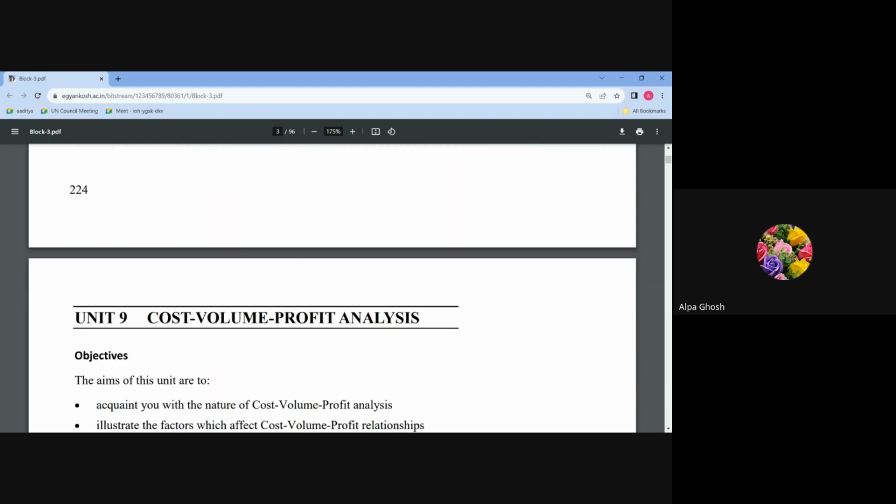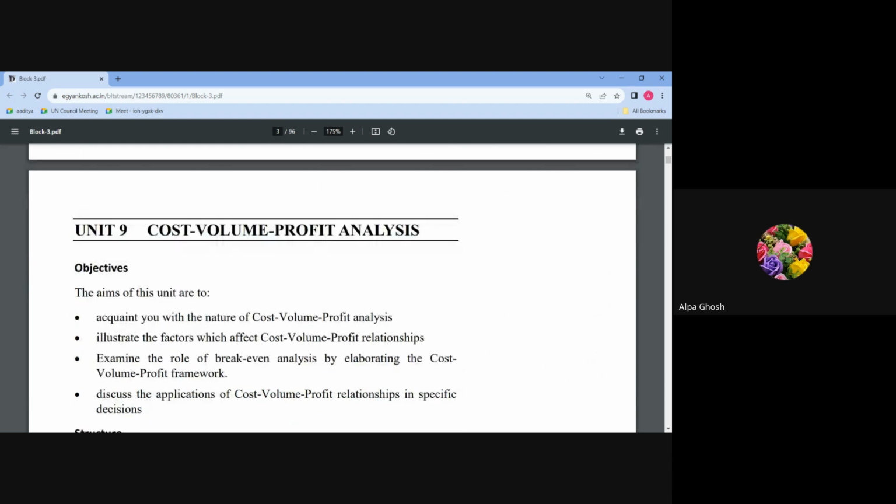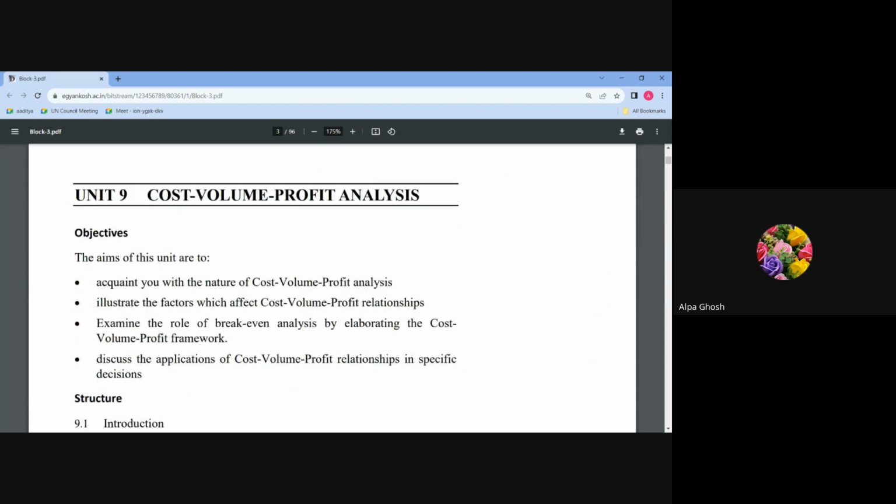When we start with this block, the first chapter is related to cost volume profit analysis. This is also known as CVP analysis. Cost volume analysis means that cost is the price, volume is the quantity, and profit, of course, is the gain.